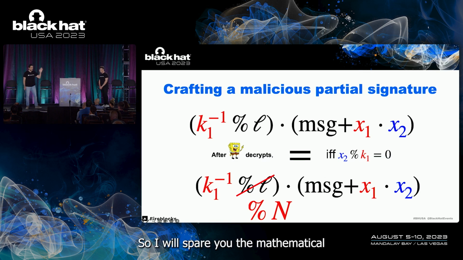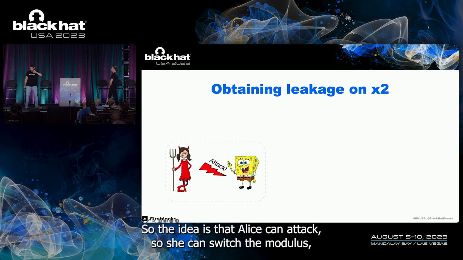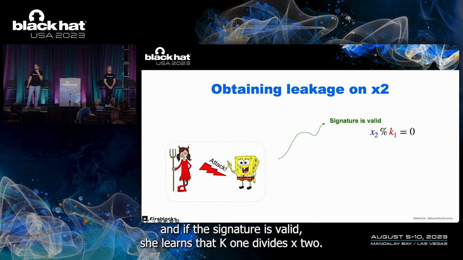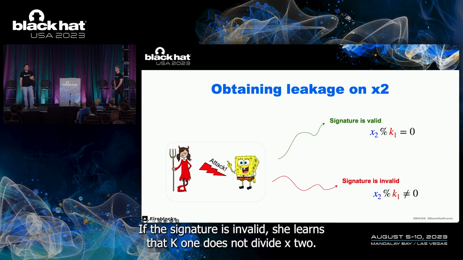So I will spare you the mathematical mumbo-jumbo, and I will give it to you in a picture. The idea is that Alice can switch the modulus, and if the signature is valid, she learns that K1 divides X2. If the signature is invalid, she learns that K1 does not divide X2.